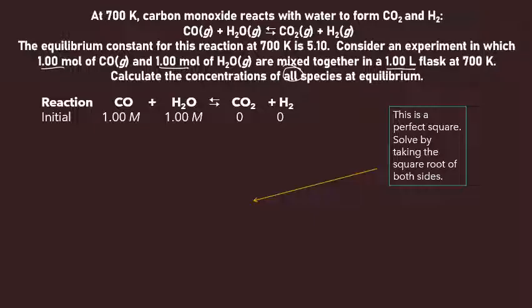The third step is to write the change. Since the coefficient of carbon monoxide is 1, we just write negative, because the concentration is going to be decreasing for the reactant, and we don't know how much, so we represent that by X. In the same way for water, the coefficient is 1, so I can just put negative X. Since it is 1, I don't put any number in front of X. For carbon dioxide, it is a product, so I will put plus, and the coefficient is 1, so plus 1X.